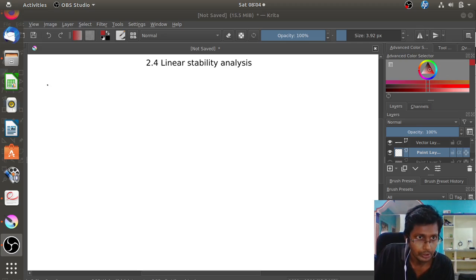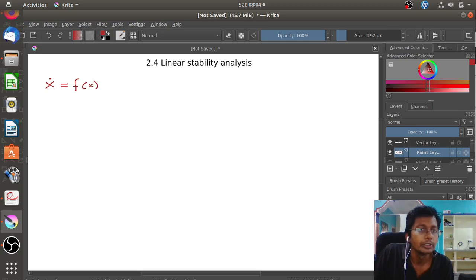So far, what we have seen is that a system is given in the form of a first order nonlinear differential equation, and the way we analyze it is we plot x dot versus x, and we identify for a given x how the x will evolve. That we do by a graphical approach.